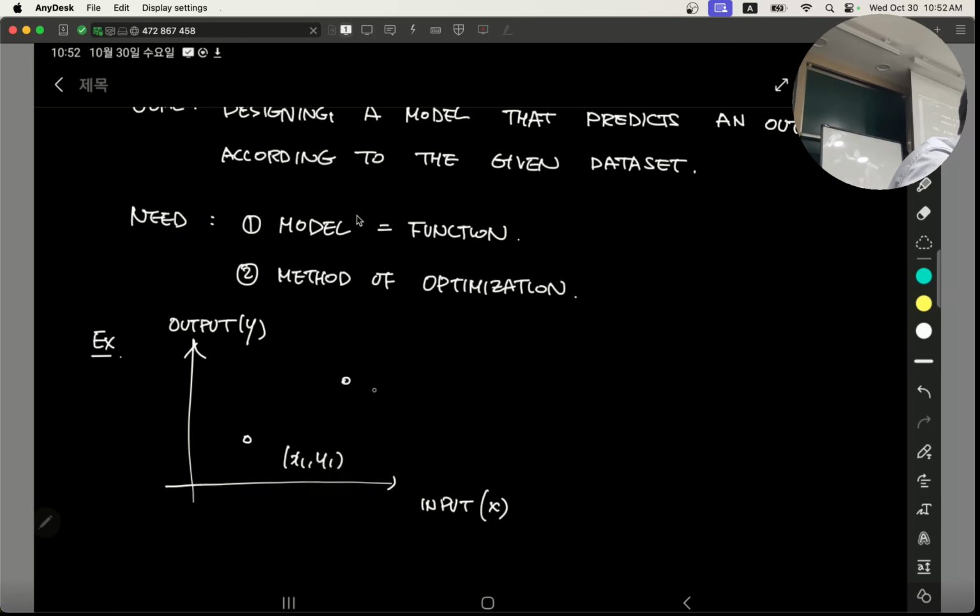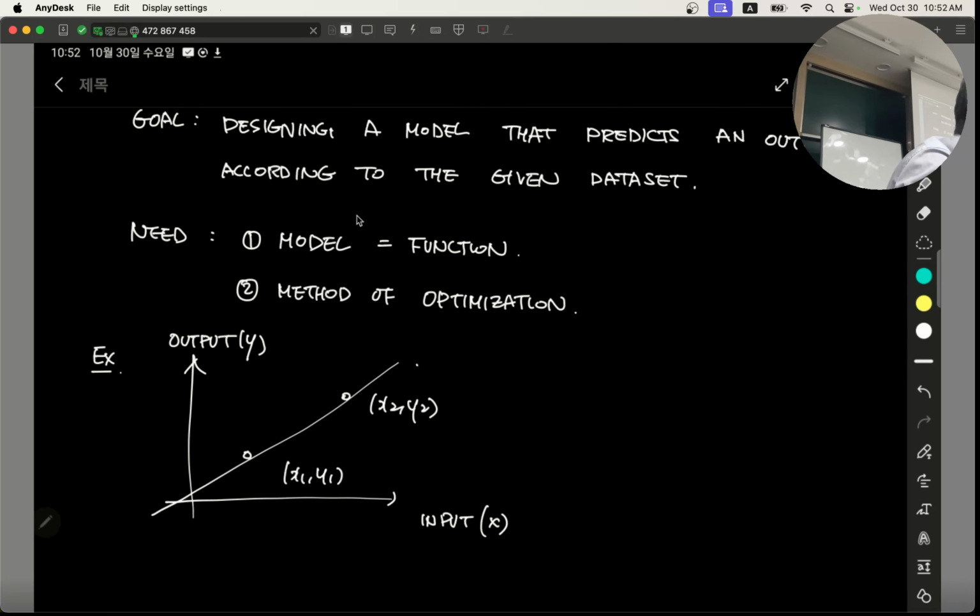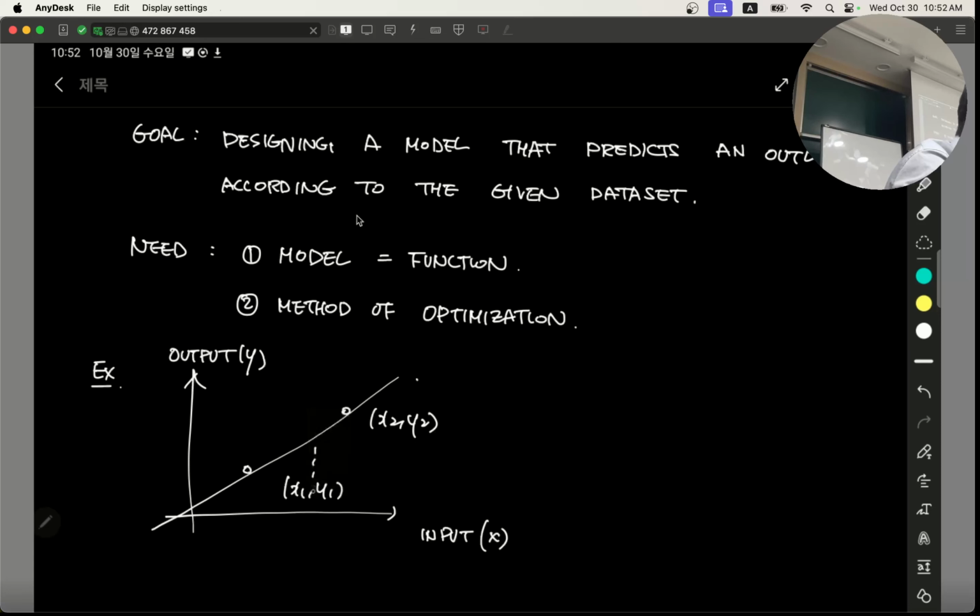You want to see what would happen if you take another experimental input, and what the output will be. Your best prediction is just to take the line connecting these 2 points, and whatever you do on top of this data follows this line. So for example, if you take a third point right here, then you can predict your output will be on the line, right?